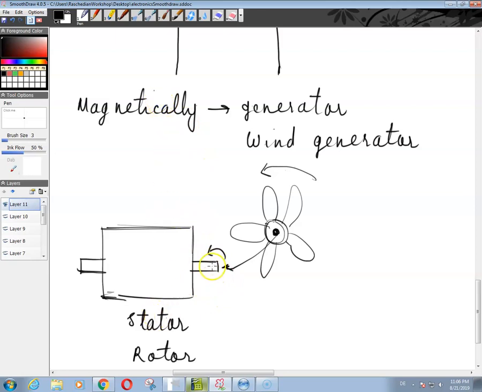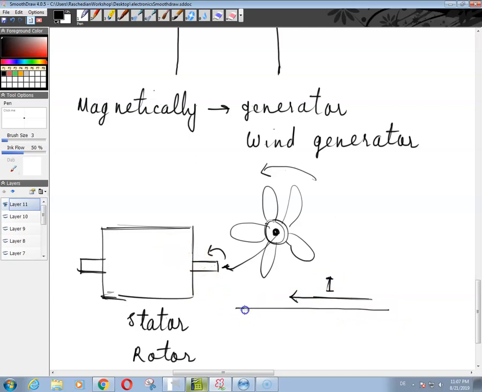On this rotor there are many turns of copper wire wound on this shaft. You could just imagine one piece of wire rotating inside this magnetic field. As a result, a current is generated, or induced, in that wire.